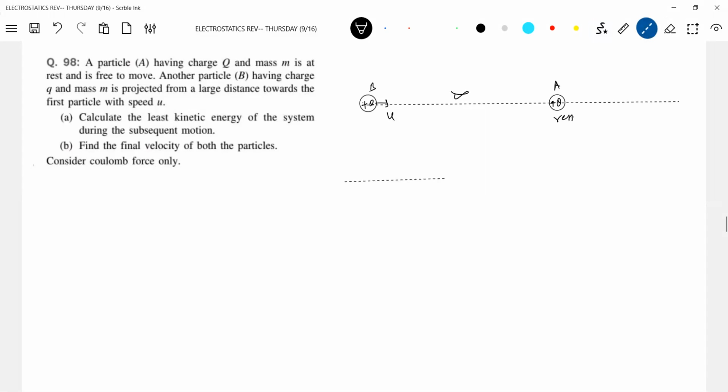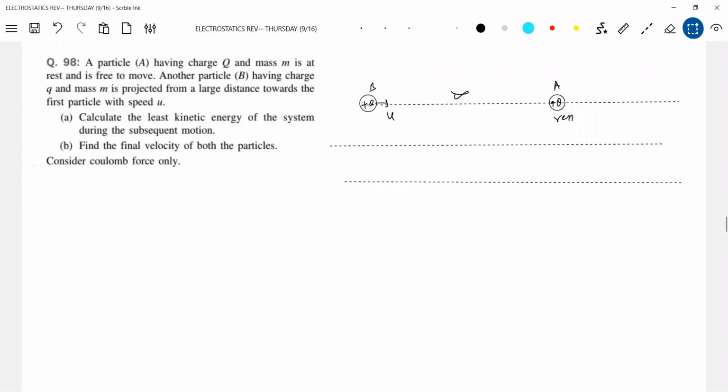What will happen to the condition? So as it approaches, I think it is better to think like this here. Once the distance becomes finite, repulsive force will be acting here, and repulsive force will be acting here. The repulsive force acting on A will accelerate it. The repulsive force acting on B will retard it. Then finally, at one instant, both will be moving with a common velocity.